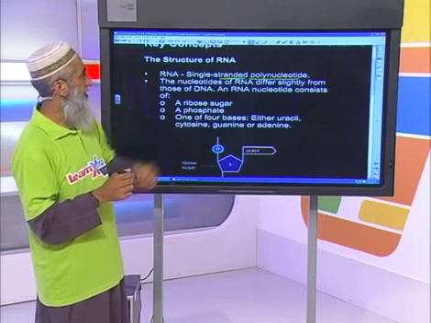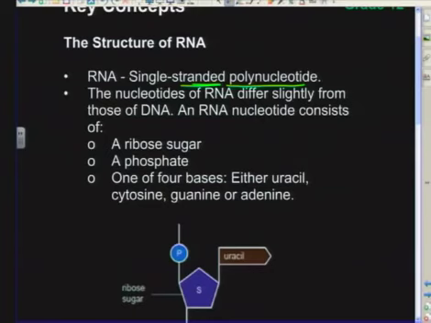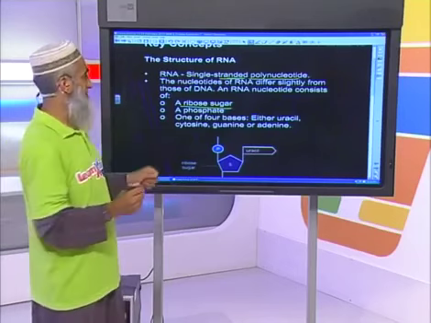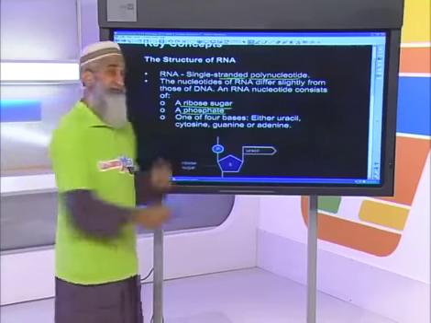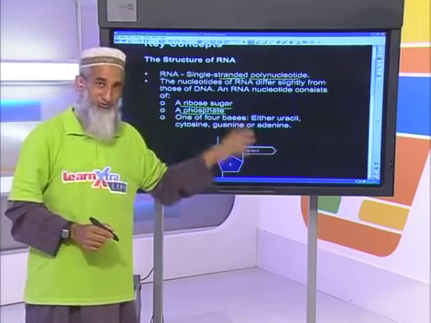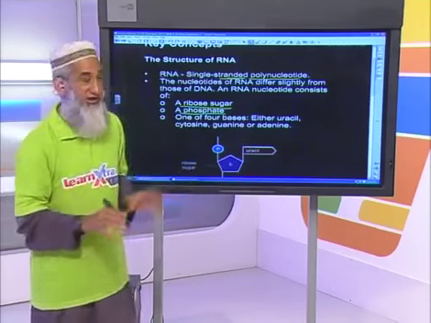Further on, the nucleotides of RNA differ slightly from those of DNA. An RNA nucleotide consists of a ribose sugar. In DNA, we had deoxyribose sugar. A phosphate. In DNA, we had a phosphate, and we have a phosphate in RNA as well.